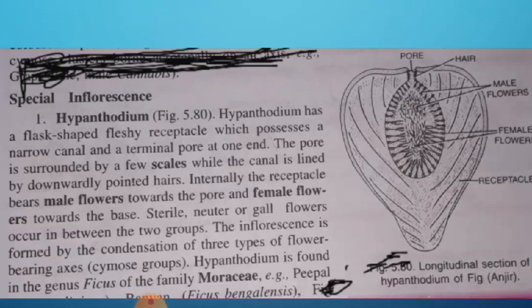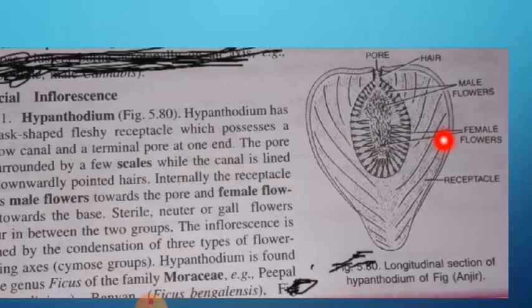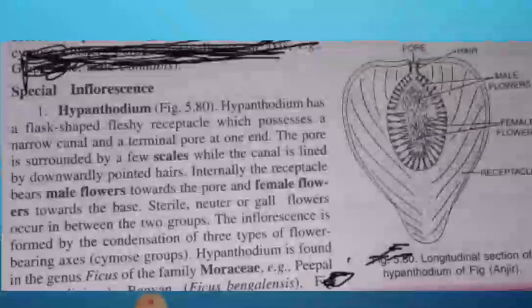This type of inflorescence has a fleshy receptacle and a terminal pore. There is a pore at one end of this inflorescence, so it is known as a special inflorescence.